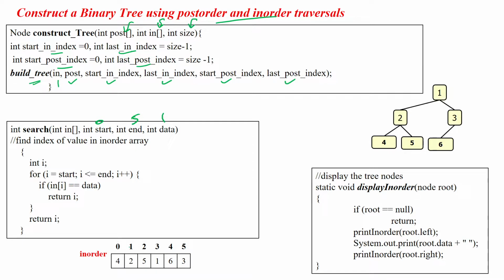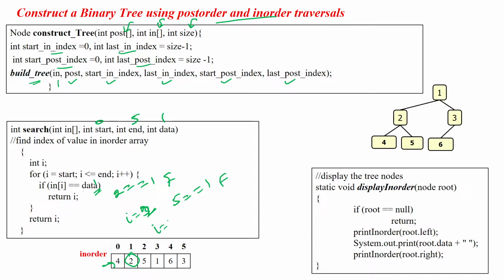Here in order of 0 is 4, equal to data 1, which is not matching in iteration number 0. In the first iteration, in order of 1 is 2, which is matching with data 1? 2 is equal to 1, which is also false. In the second iteration, in order of 2 is 5, so 5 equal to 1, which is also false.